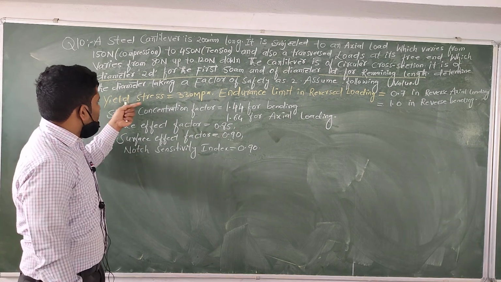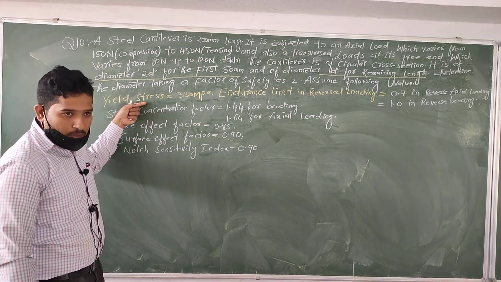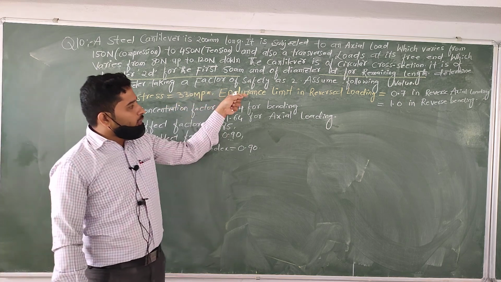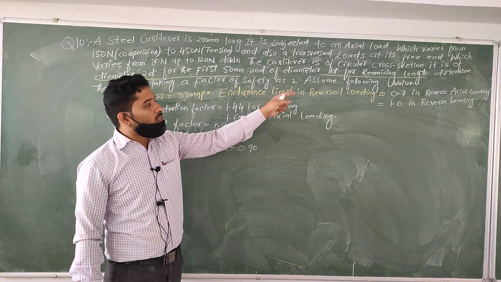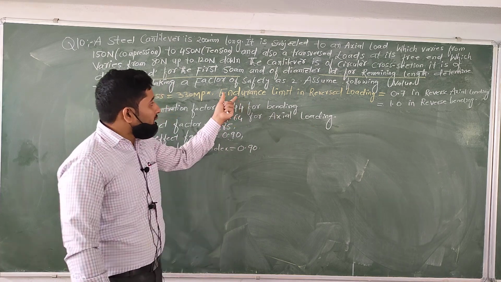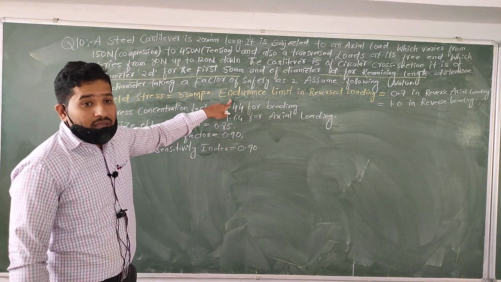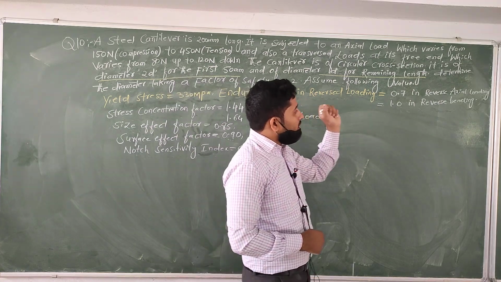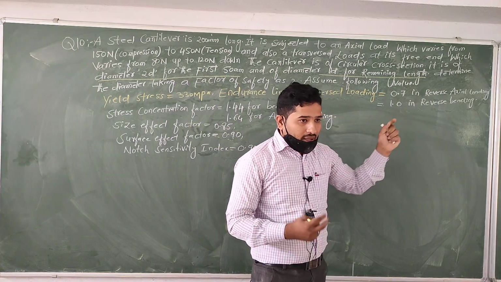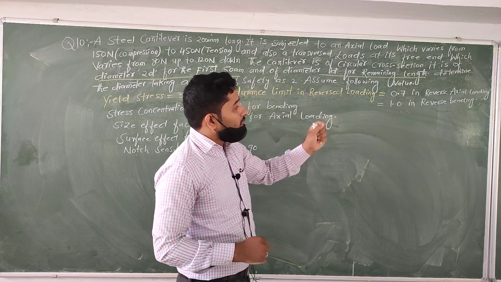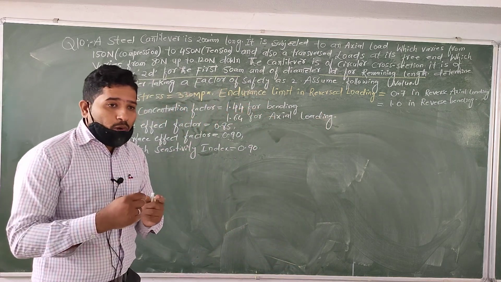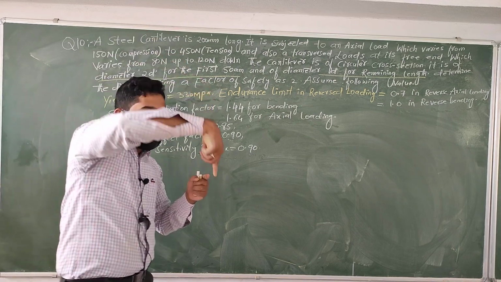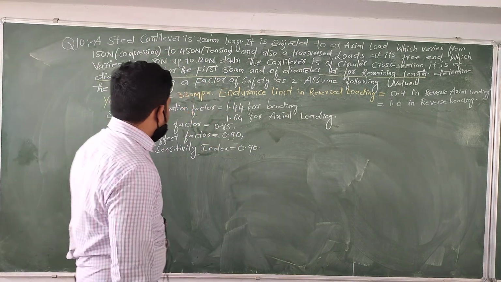So yield stress, represented by sigma y, is 330 megapascal. The endurance limit has two conditions: 0.7 in reverse axial loading as well as 1 in reverse bending. So on this component the axial load is acting, meanwhile the bending load is also acting.